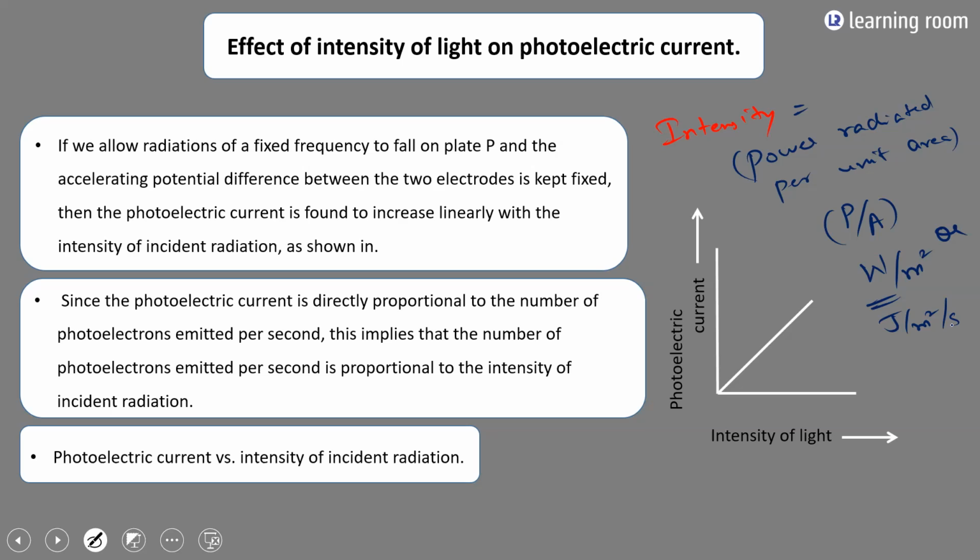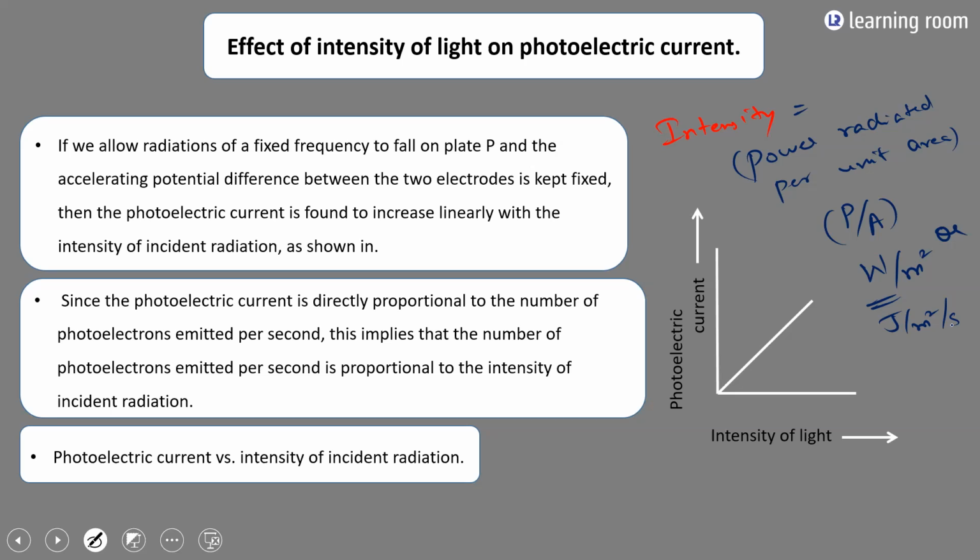Whenever you talk about the effect of one parameter on photoelectric current, we generally observe there are three important parameters associated. Listen to this very carefully. One is intensity, second is potential difference, and the third is frequency.